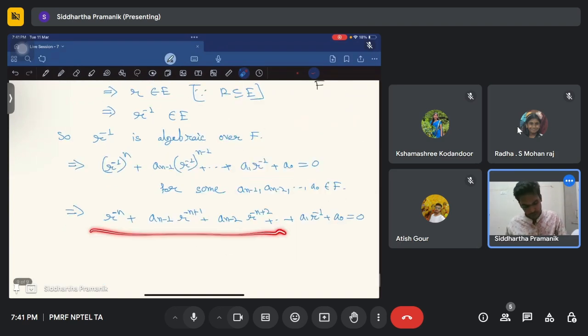So from this, can we prove that R inverse belongs to R? Can you conclude this thing from here?